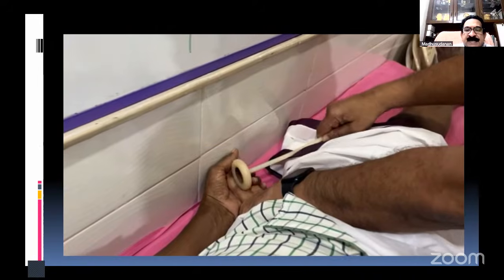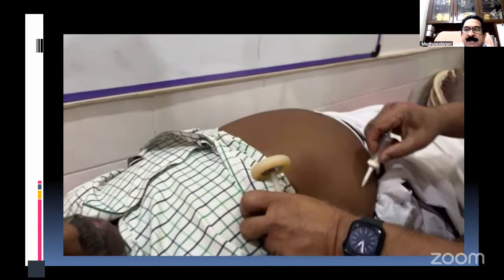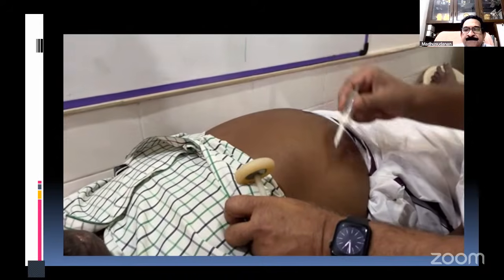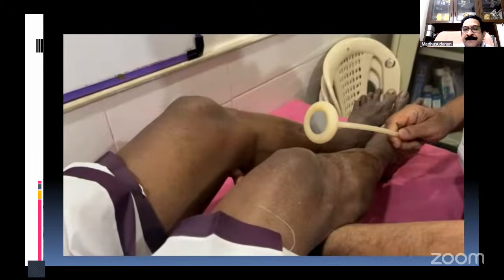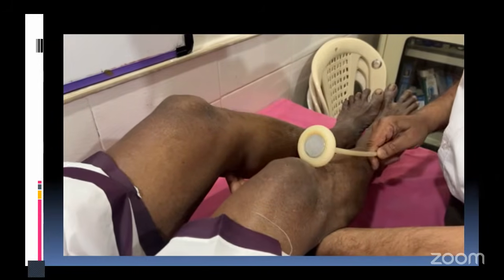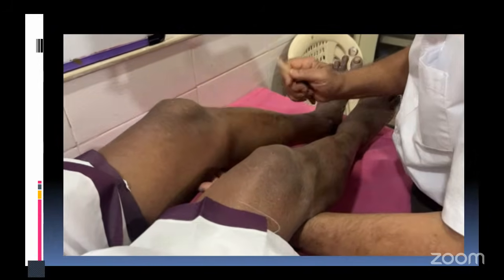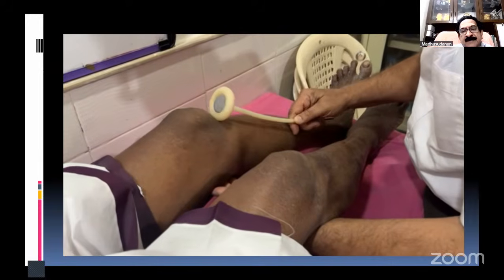Finger pressure I could not elicit. Abdominal reflex was elicitable. The knee jerks: right knee jerk is well elicitable, left is decreased. Then both ankle jerks were absent.